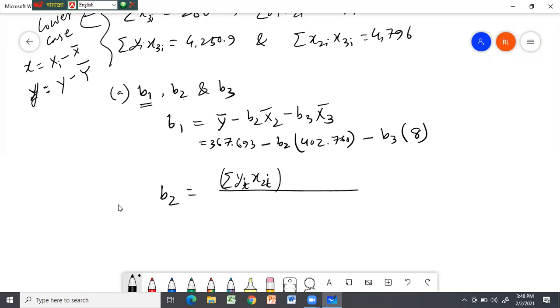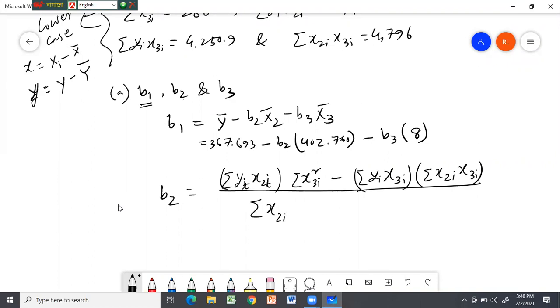And then sum of x3i square, minus sum of yi into x3i, and then sum of x2i and x3i. This is the numerator portion, and then in the denominator portion you have sum of x2i square, sum of x3i square minus sum of x2i into x3i whole square. Okay, that was your formula.